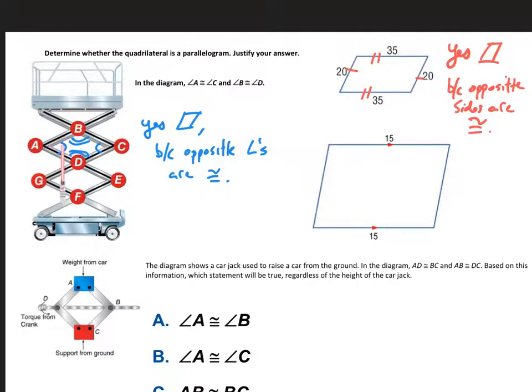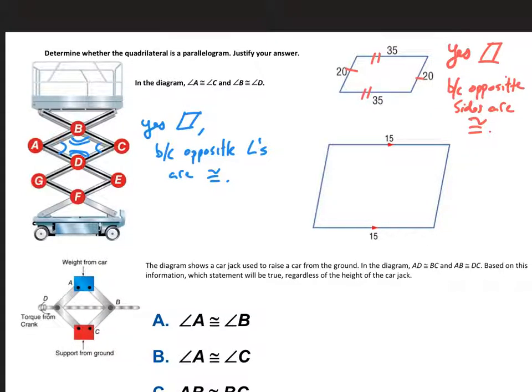So I have angle A and angle C being congruent, angle B and angle D being congruent, so that's both pairs. Going back over here, 35 and 35, the north and the south sides are congruent. The east and the west sides here are congruent, so both pairs of opposite sides are congruent.